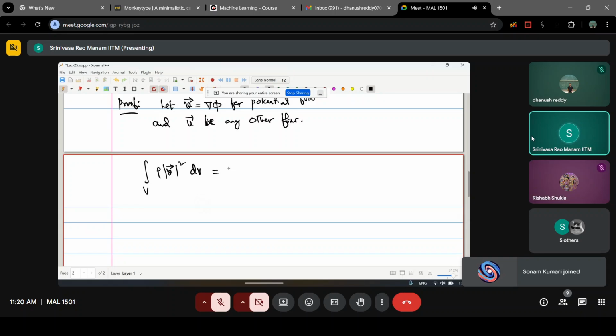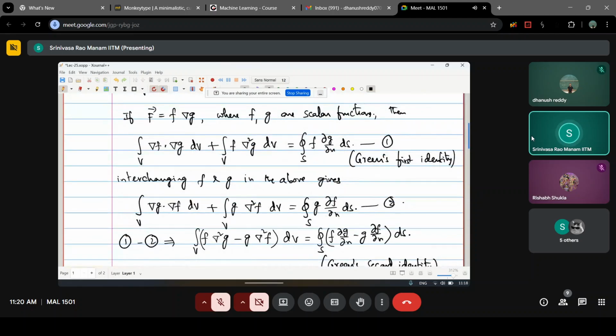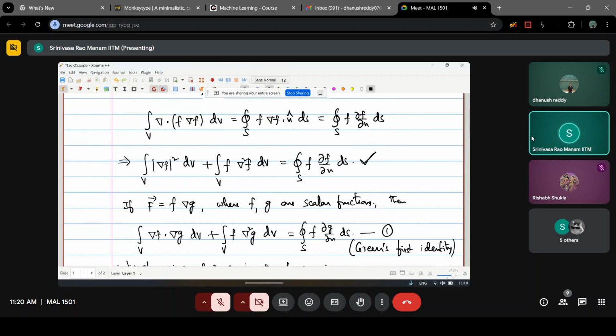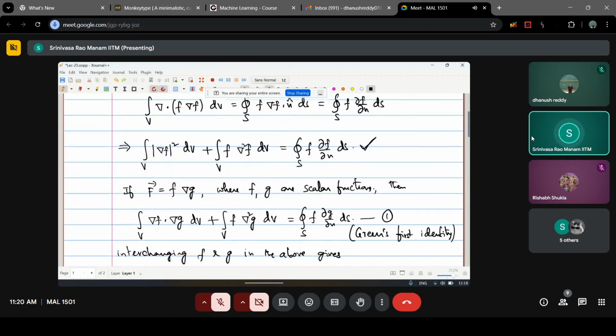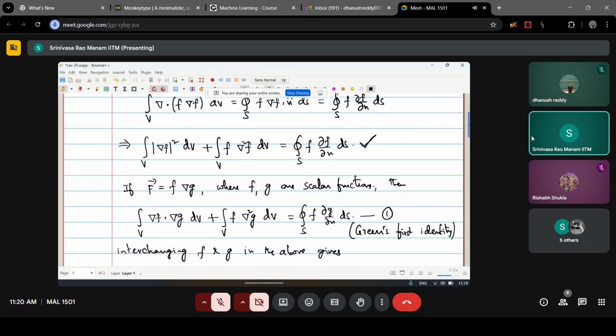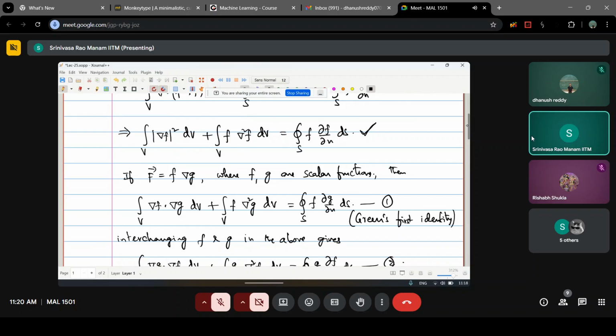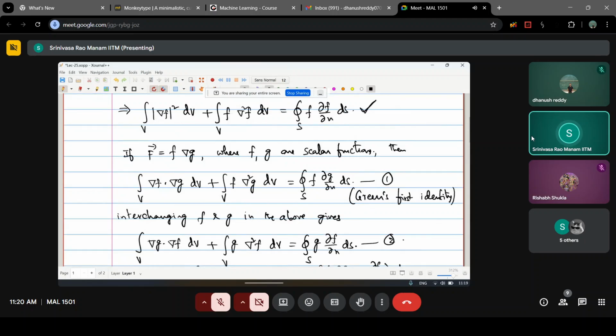So this is equal to integral over V rho times, substituting v bar as grad phi, grad phi dot grad phi into dV. Use this identity that we have right here, the one I put a star on, the tick mark. What happens? Del square phi is 0, right? Since del square phi is 0 anyway, the left hand side is basically the whole thing, and the right hand side you can write it.